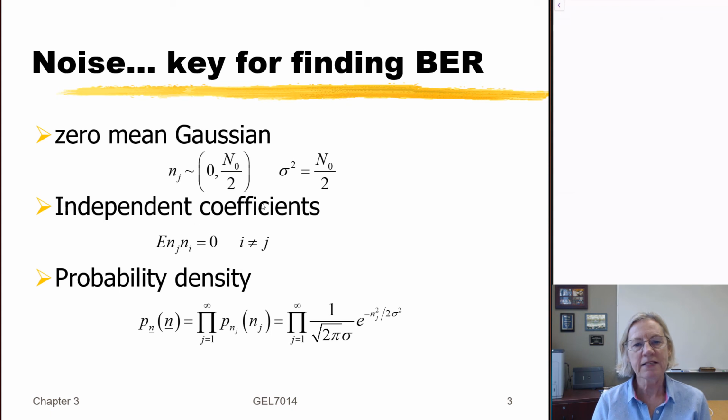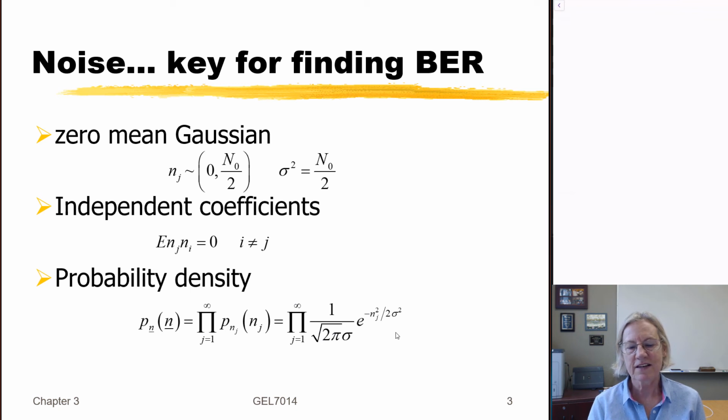They are independent coefficients in the noise vector, so the expected value of the product of any two elements of that vector is 0. And the joint density function for the vector of noise is given by this product of the marginal densities due to the independence of the coefficients.